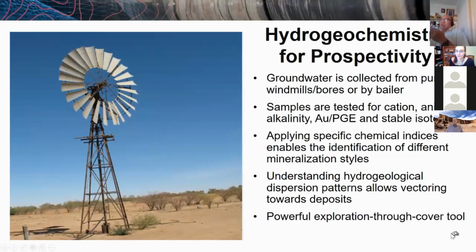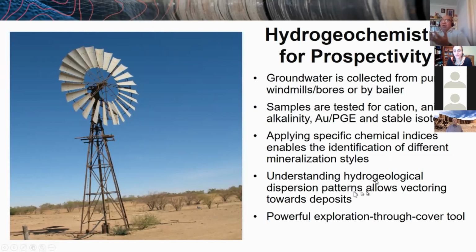And I'll touch briefly, in what will be a future talk, on using hydrogeochemistry in prospectivity. Basically, the Geological Survey of Queensland has finished a program in the Cloncurry to Kamilaroi area, taking borehole samples from both flowing and static boreholes, and we look at cations, anions, alkalinity, gold and PGE, and stable isotopes.